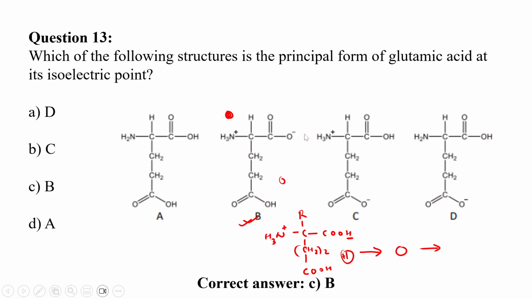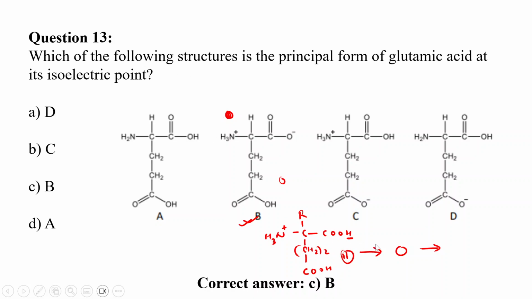This is the proton that is attached to the most electronegative atom. So this will be released first, and then next this proton will be released, and then at the end this proton will be released. So correct structure is the second structure, B structure, that is the option C. So option C is correct. I'm sorry.